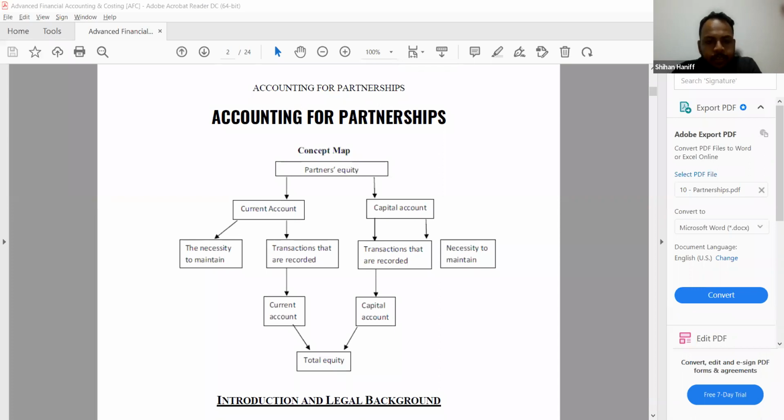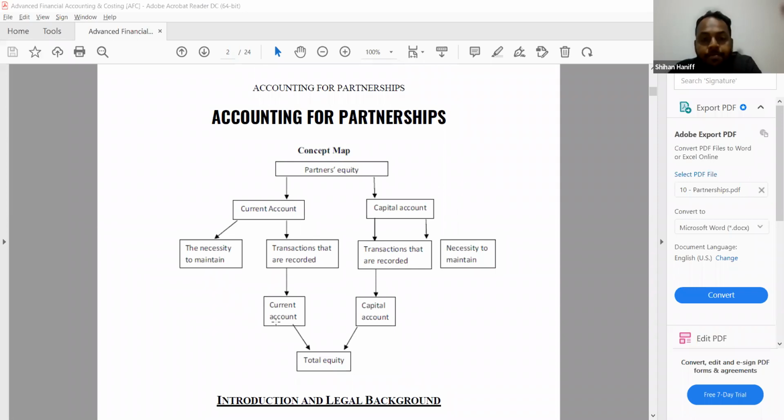So when it comes to partnership accounts, right, it is a little different from the sole proprietorship. In a sole proprietorship business, we prepare the income statement and the statement of financial position.